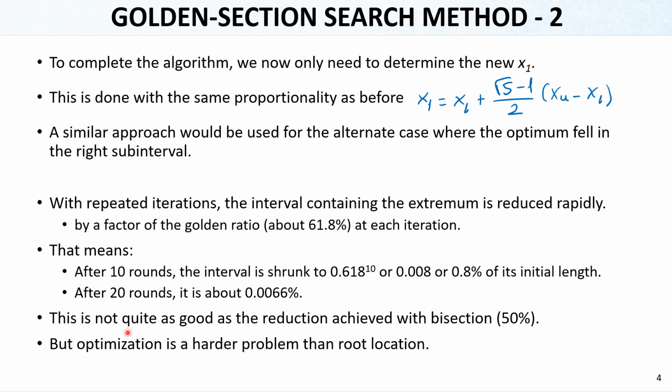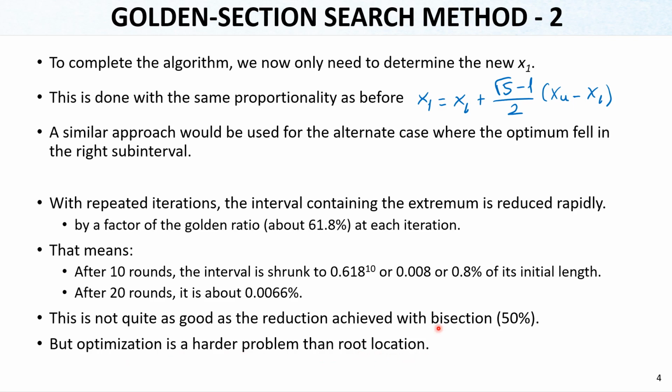This is not quite as good as the reduction achieved with bisection actually. In the bisection it's 50%, but here the reduction is lower. But still, because this is an optimization problem, this is more difficult because we want to find the root of the derivative without using the derivative. That's more difficult. That's why optimization is harder than root location.